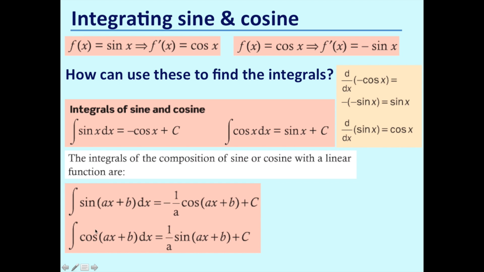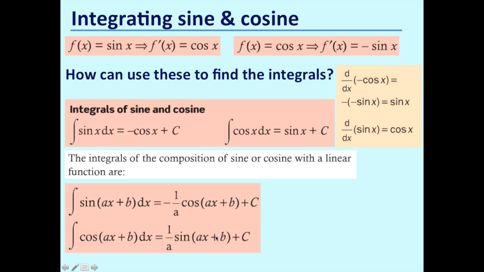So we've established here that the integral of cos would be sine, so we can recognize that it would be sine(ax + b). But remember that when we use the chain rule to differentiate it, we would differentiate sine to get cos, so we'd have cos(ax + b), but we would then multiply it by the derivative of the function inside.